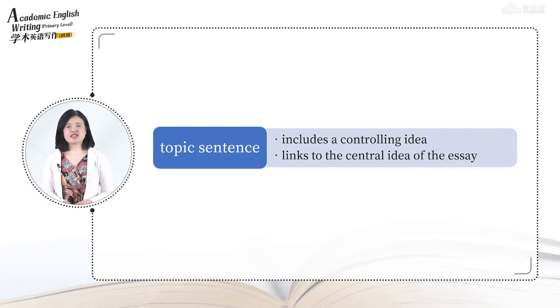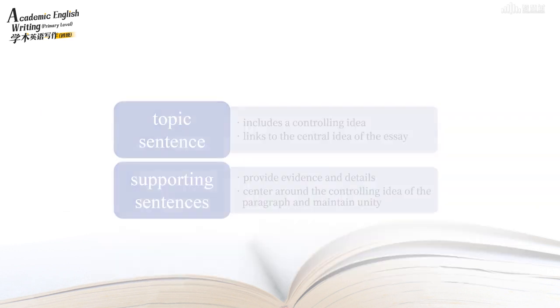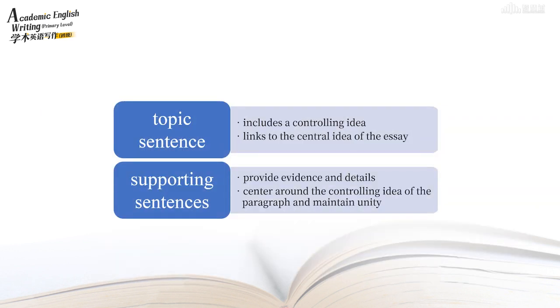The topic sentence presents the controlling idea of the paragraph. This idea links the paragraph to the central idea or the thesis statement of the essay or paper. The supporting sentences provide evidence and details to explain and support the topic sentence.